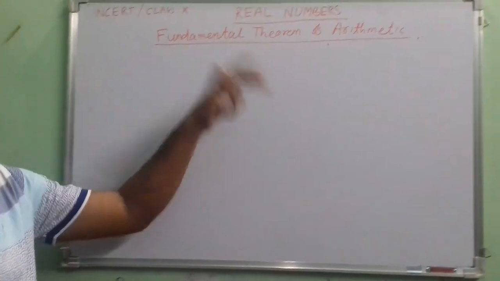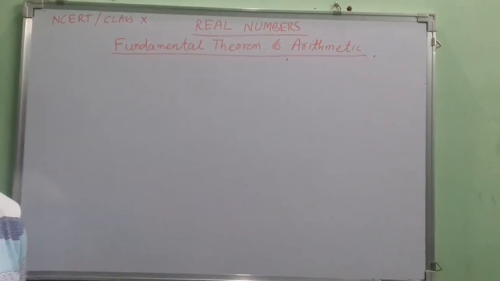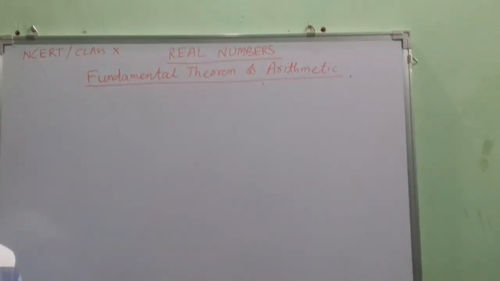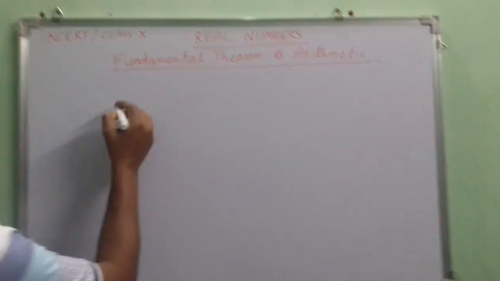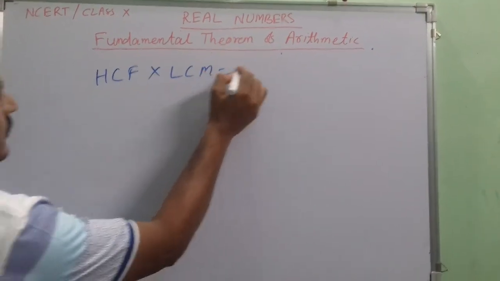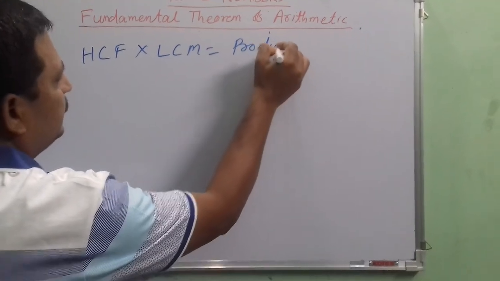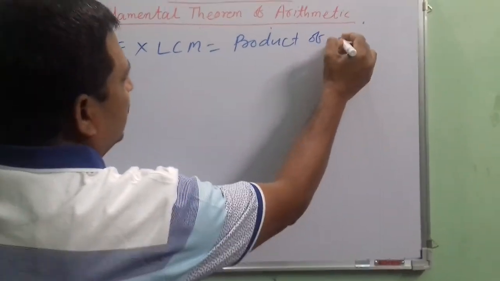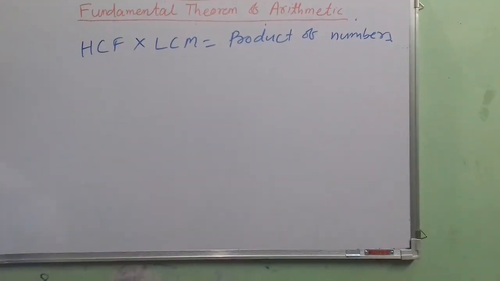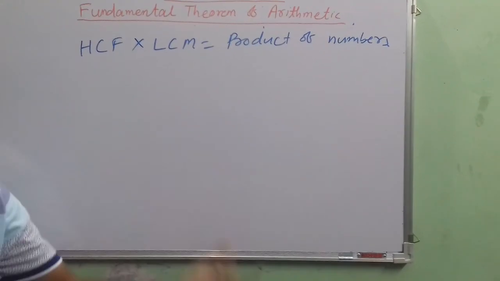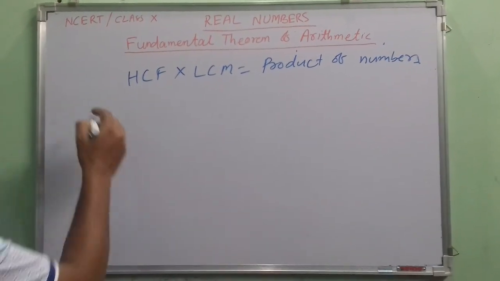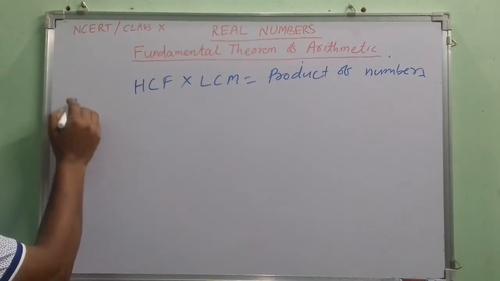Here once again we shall deal with that formula, which you have read in the primary section, that is HCF into LCM equals the product of the numbers. You might be remembering this formula. Again, in this section, we shall deal with this formula. So let's take one example.